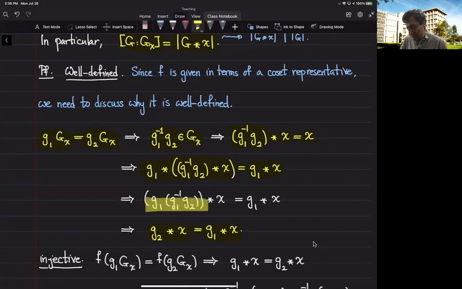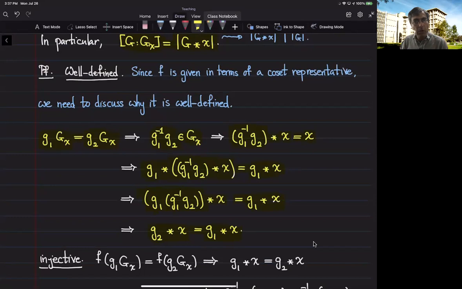I end up getting this. And remember again, multiplication in the group is associative, so I can cancel these two. I end up getting just G2 on the left-hand side. So on the left-hand side, I have G2 acting on X, and on the right-hand side, I get G1 acting on X, and that's exactly the equality we were looking for.